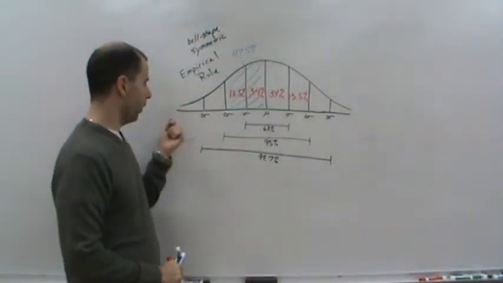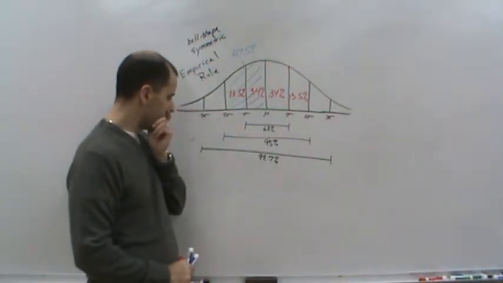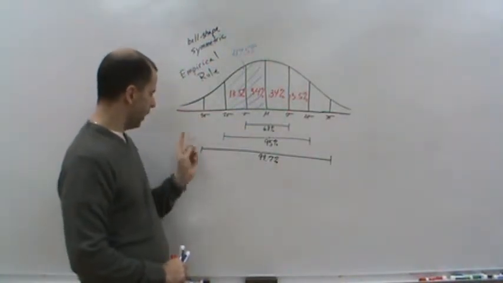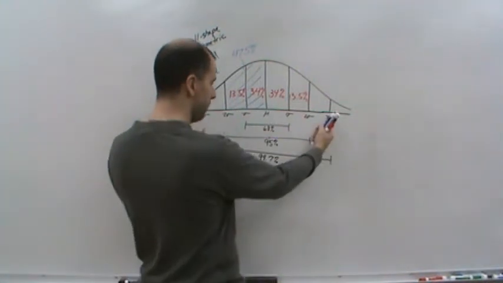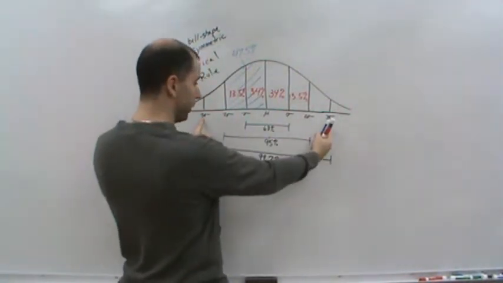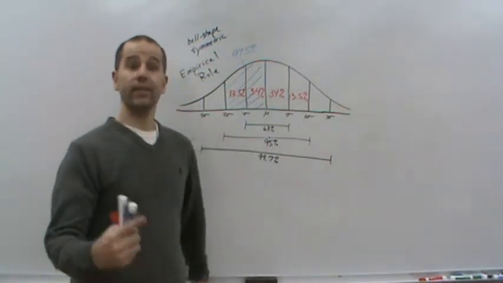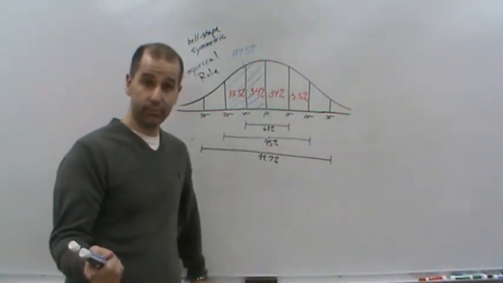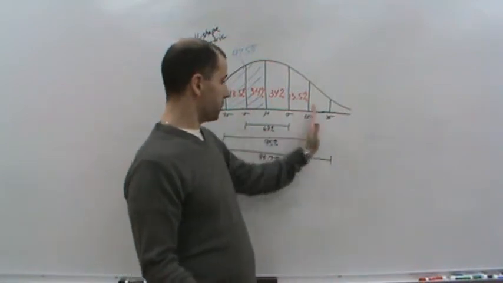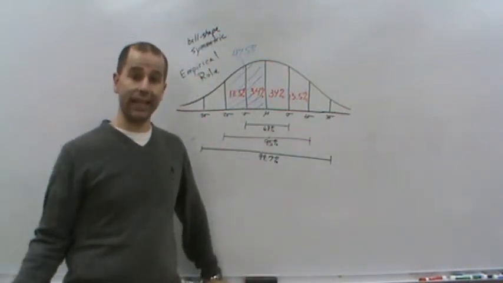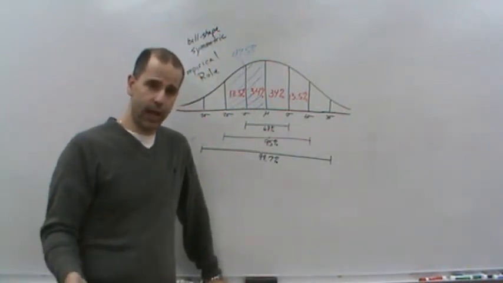Let's figure out what is in this piece right here. If we know that in the middle, all the way between these 2 numbers, is 99.7%, what's left over for the tails? What should all of the data add up to? 100%.